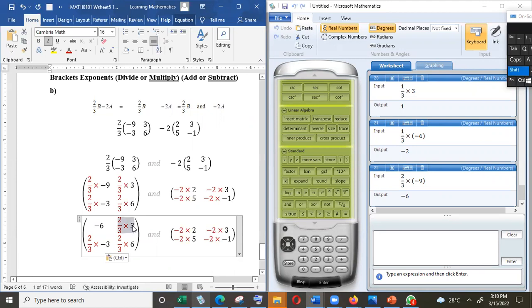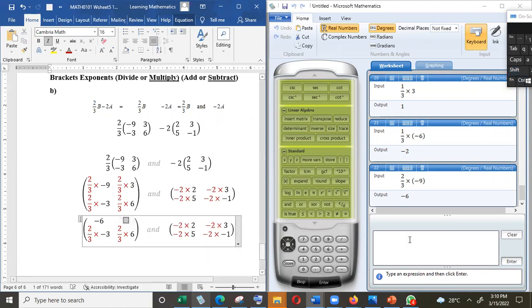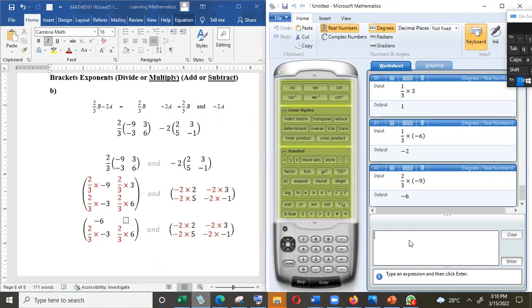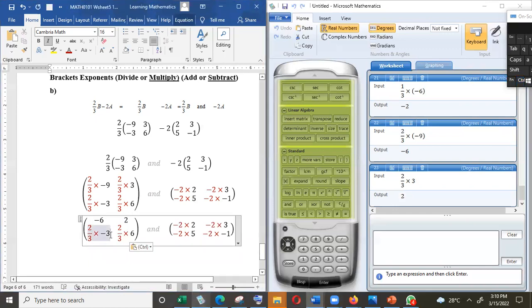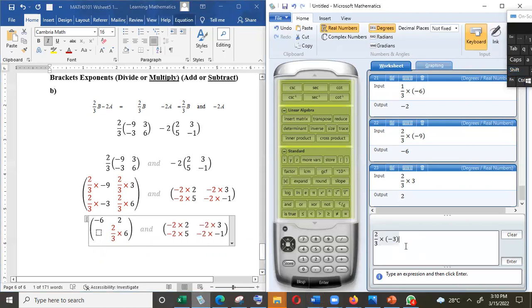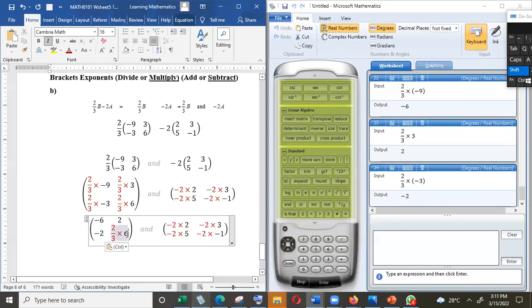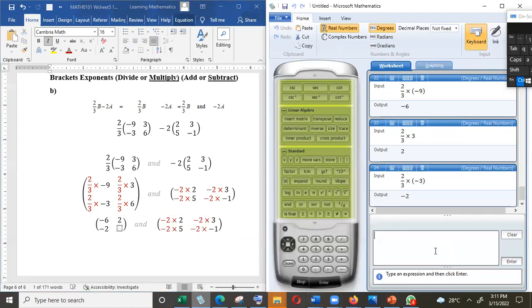We are multiplying 2/3 by B. We have to multiply 2/3 to each element in B. 2/3 times -3, that's -2. 2/3 times 6 will give us 4.